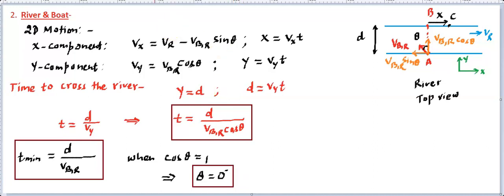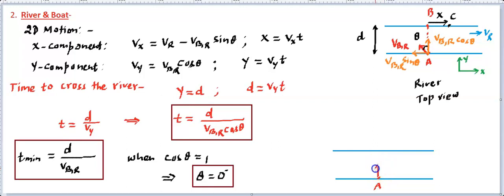And what does theta 0 mean? If I redraw this picture that we have used, if you want minimum time, then in which direction do you start? You need to start in the direction which is perpendicular to the river flow. So if you want to cross from A, you must start in this direction.